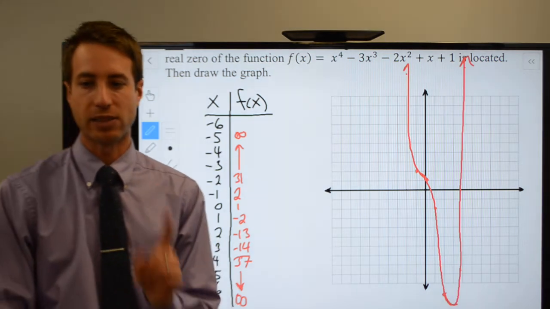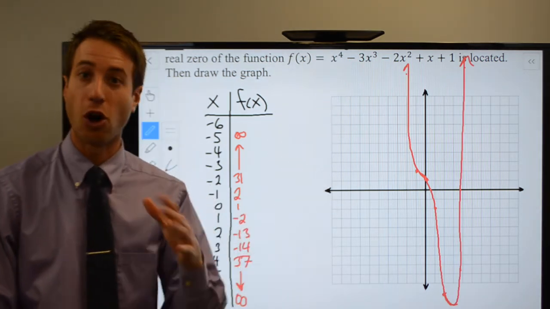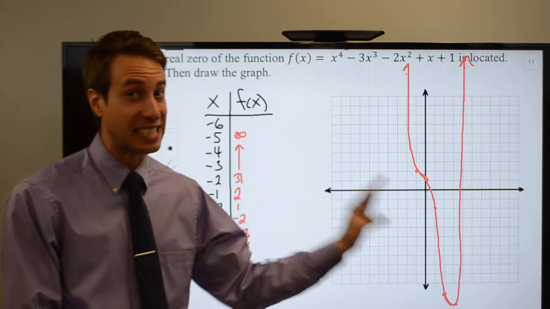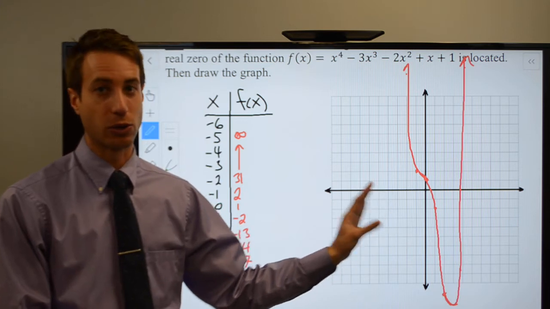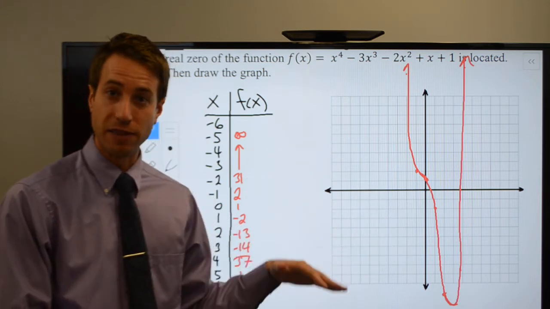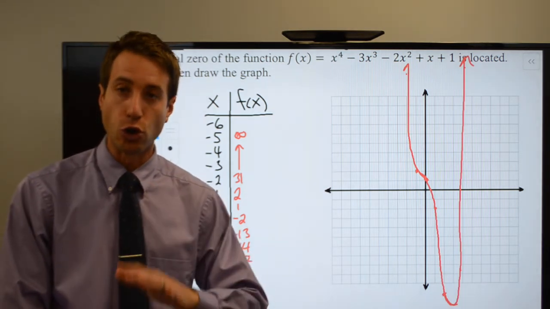Now, I will make this quick note. It turns out, if you were to graph this polynomial on a graphing calculator, this is not exactly what the polynomial looks like. However, for the purposes of this question, you're close enough. All right, it's good enough for now.